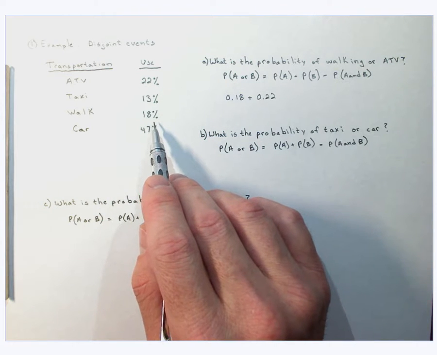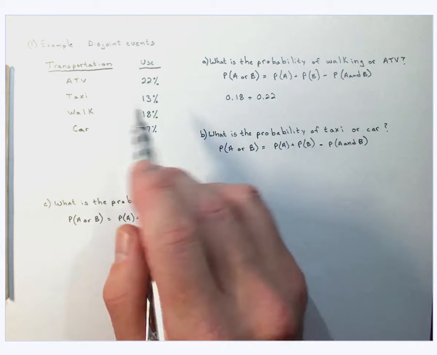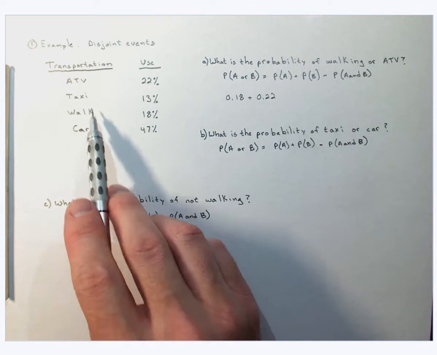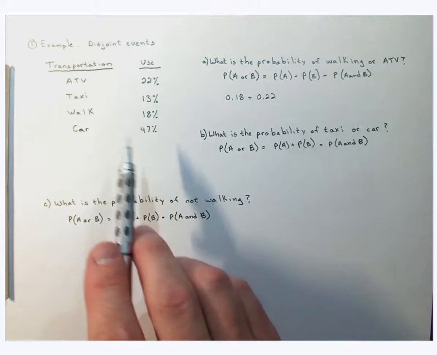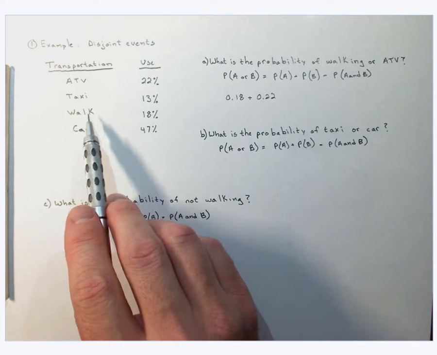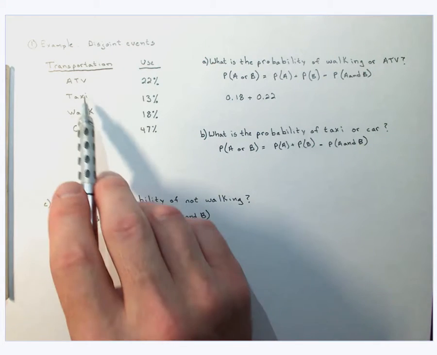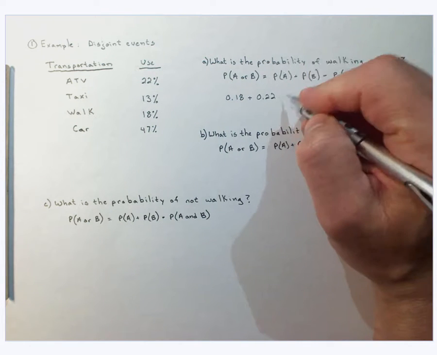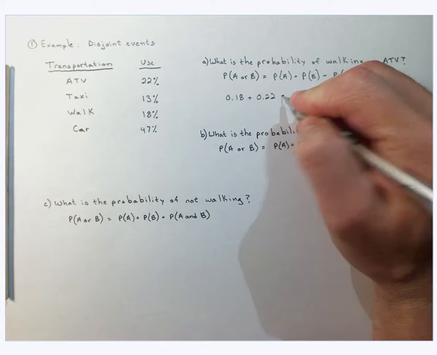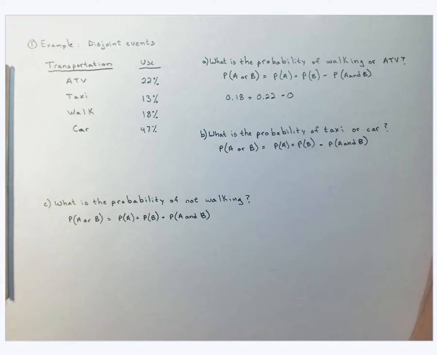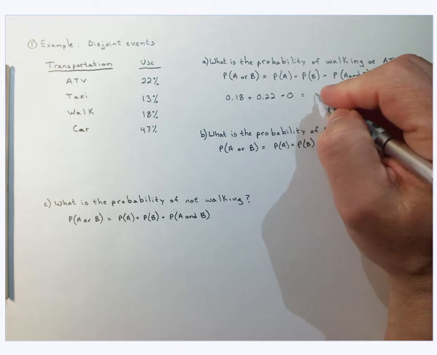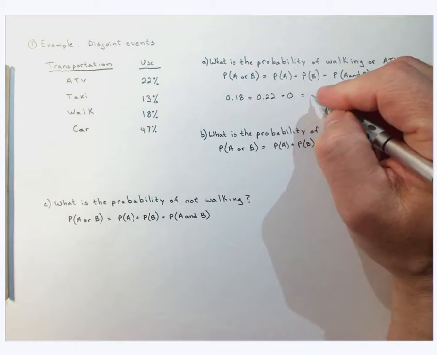They do not intersect anywhere. These are just simply their own events. I guess you could say you could walk next to your ATV, but really either you're walking or you're taking a car or a taxi or the ATV. So there is no intersection, so it's simply minus 0. It has no effect on it. Sum those together, 18 plus 22.